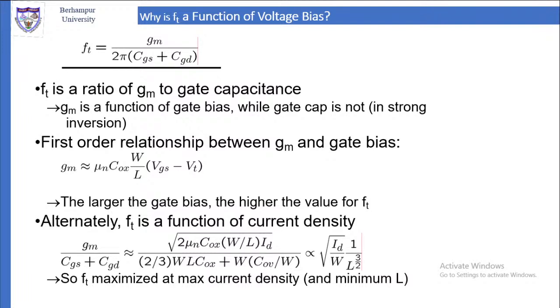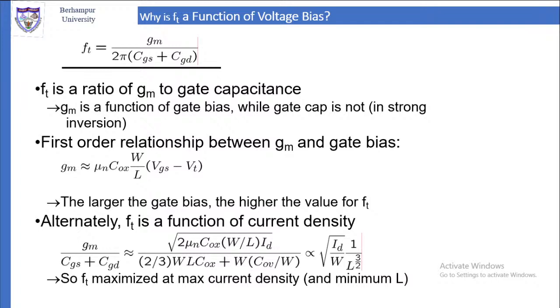We also saw this, Gm by Cgs plus Cgd, that you can write as approximately equal to root over of 2 mu n Cox W by L Id, that is for Gm. Then for Cgs you can write 2 by 3 WL Cox plus W into COV for Cgd. Now this expression is proportional to root over of Id by W.